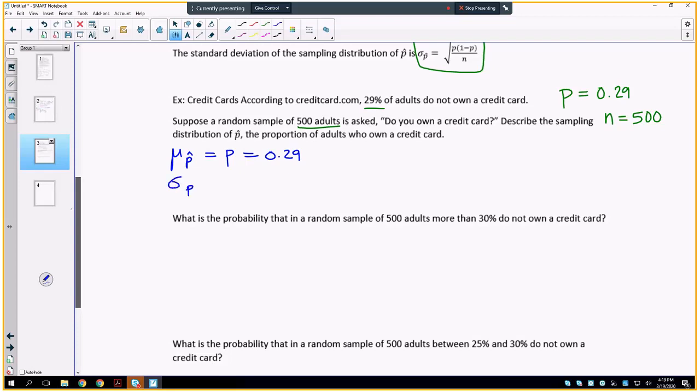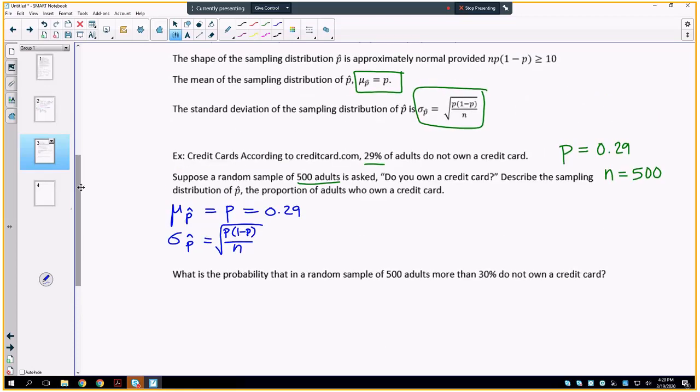Sigma sub P hat should be the square root of P times 1 minus P over n. So in our case, the square root of 0.29 times 1 minus 0.29 over n, and that happens to be the square root of 0.29 times 0.81 all over n. And n is 500, so I can go ahead and plug that in.